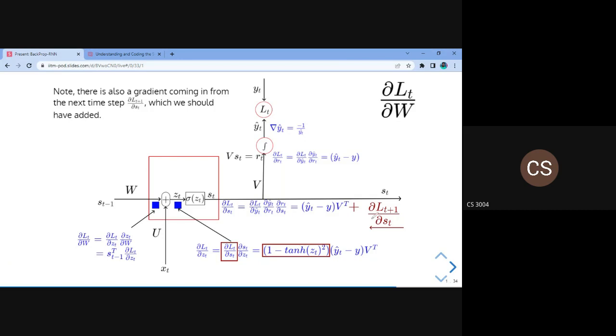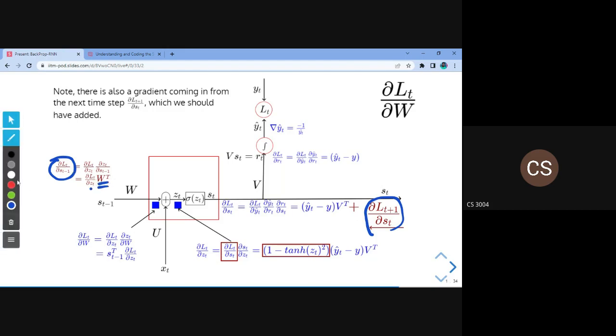But just remember this: this is already computed. So I need to compute this quantity for this time step, this dou LT by dou ST. That is simply W transpose times dou LT by dou ST. This quantity will be back propagated.